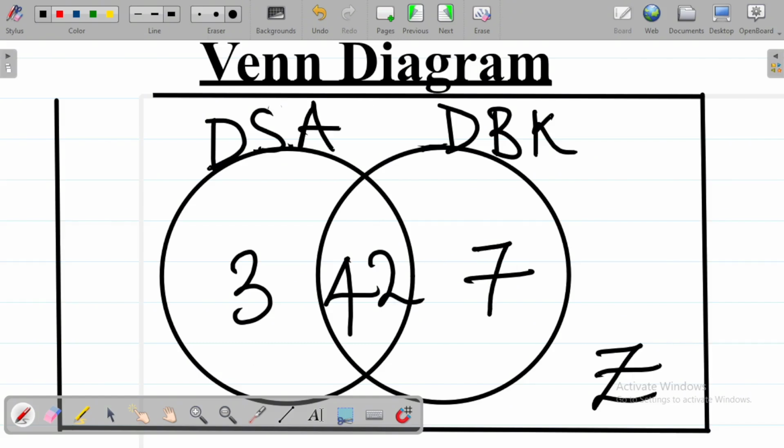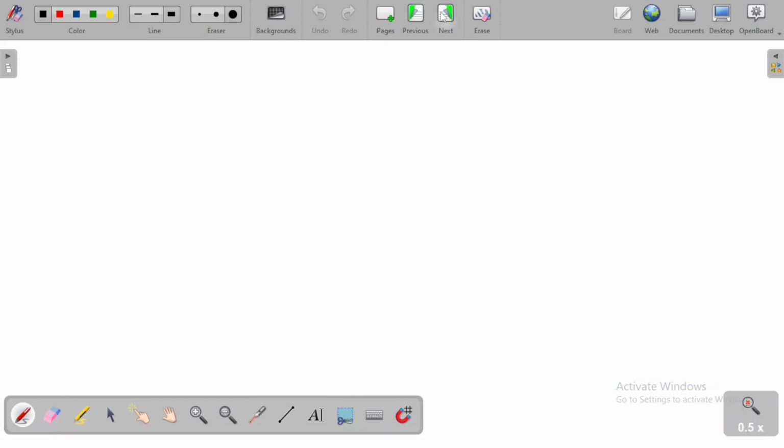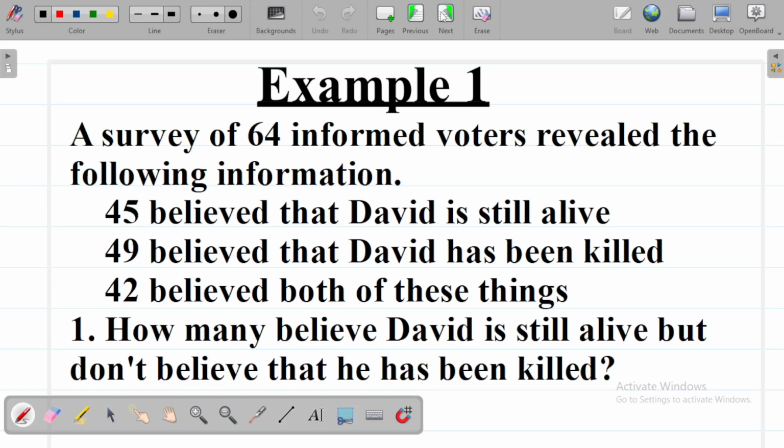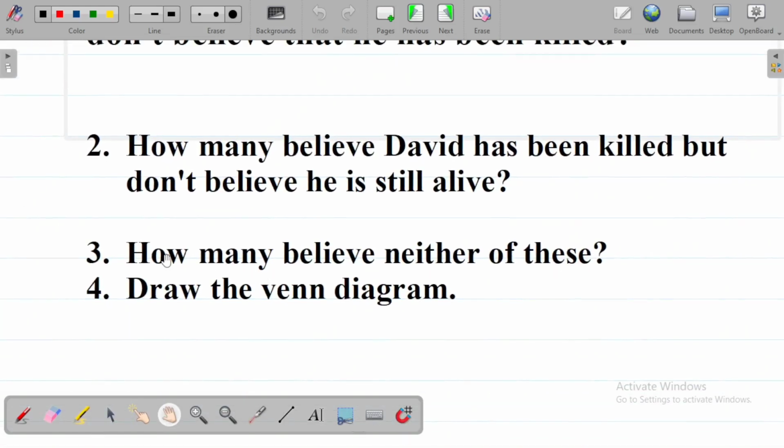So let's answer the last question. Let's answer the third question. The third question is this: how many believe neither of these things? That's to say, how many voters do not believe any of these things?